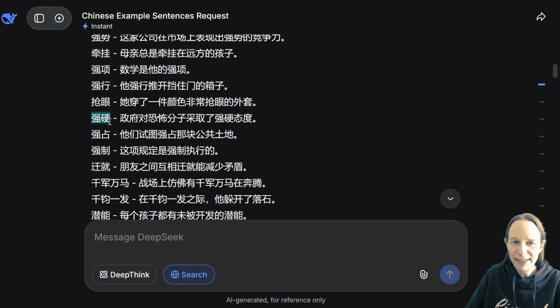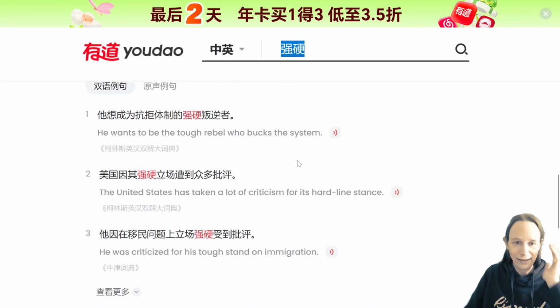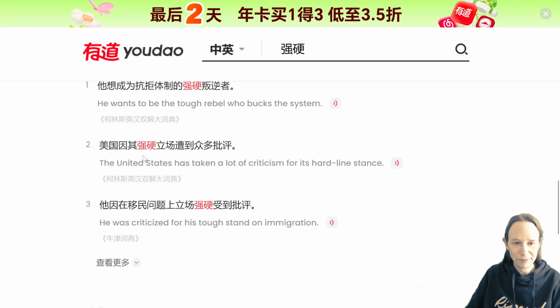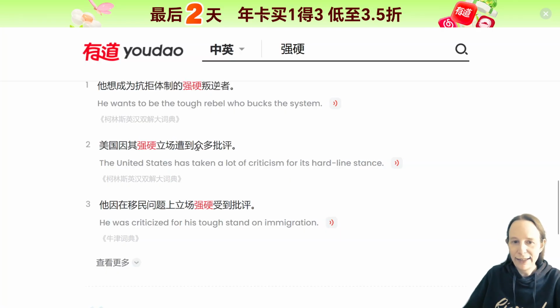So what things can be 强硬的态度? Right, hard line attitude. Hard line's a really good translation, I think. 强硬叛逆者, so hardline rebels, tough rebels. 美国因其强硬立场, a hardline standpoint, 遭到众多批评.